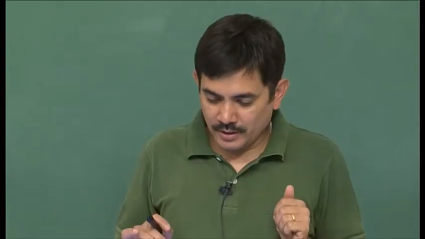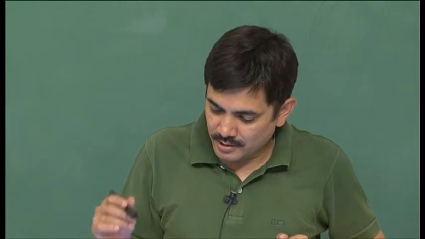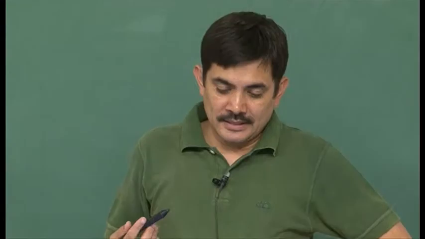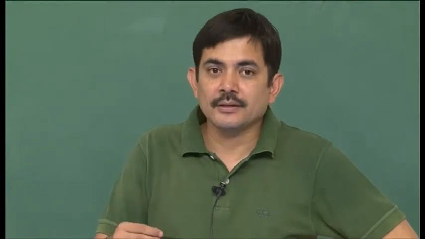If I see what is happening, my control structure has changed to V max being constant, and temperature is getting controlled by the feed. Okay. So, this is an override scheme that cuts the feed when the boil up becomes maximum.